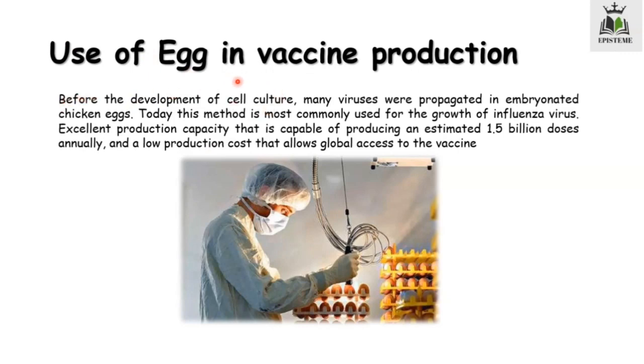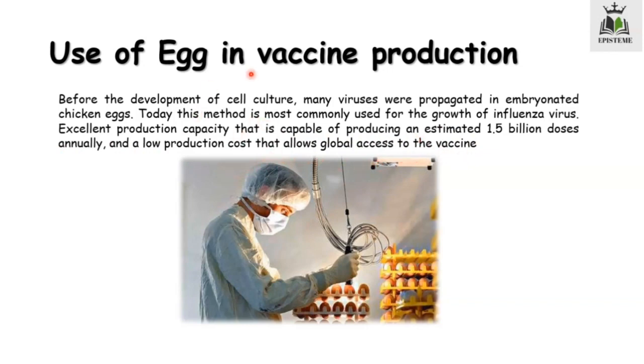Recently we used cell culture for the production of vaccines, but before that we used egg for the culturing of the cells for vaccine production. This use of egg is actually beneficial because it has excellent production capacity, capable of producing an estimated 1.5 billion doses annually, and low production cost that allows global access to the vaccine.